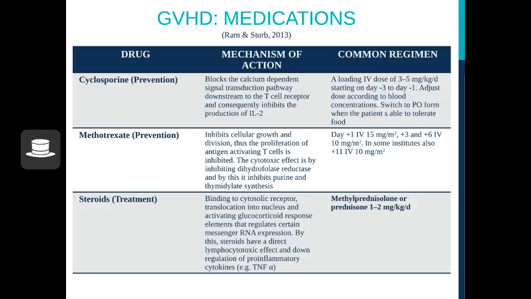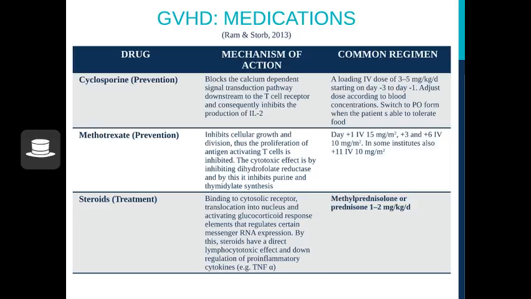Cyclosporine blocks the calcium-dependent signal transduction pathway downstream to the T-cell receptor and consequently inhibits the production of IL-2. A common regimen includes a loading IV dose of 3 to 5 milligrams per kilo per day, starting on day -3 to day -1. Dose is adjusted according to blood concentrations, and the patient is switched to PO form when he is able to tolerate food.